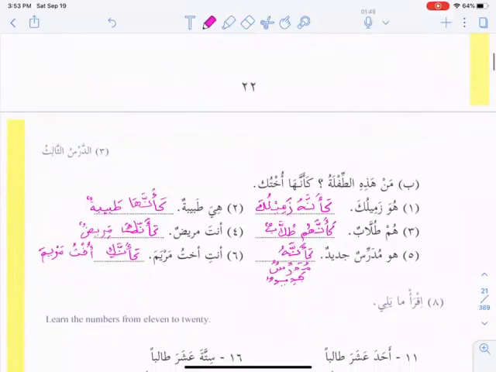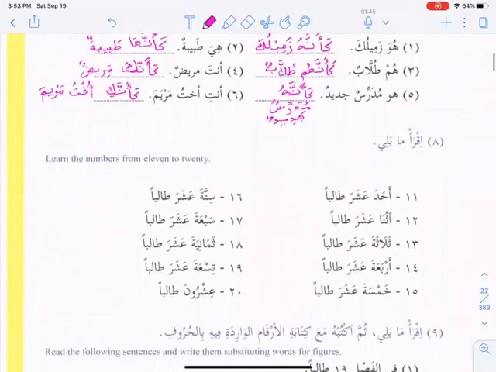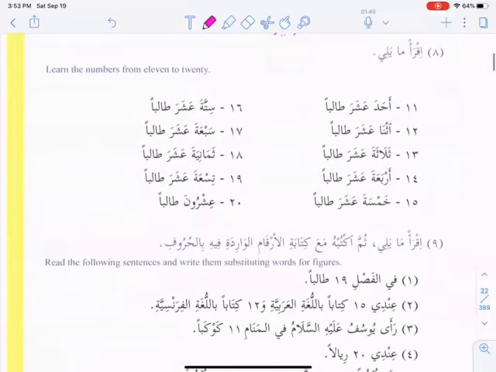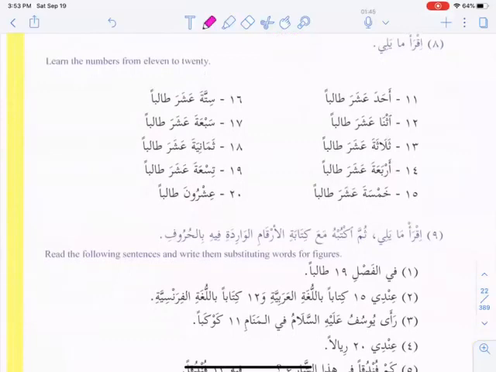Okay, they're all important exercises. I would like to do it. These are the numbers. I just want to leave it for the next time or maybe later on. Don't worry, I will do it, but I don't want to do it today because you are learning something very important.